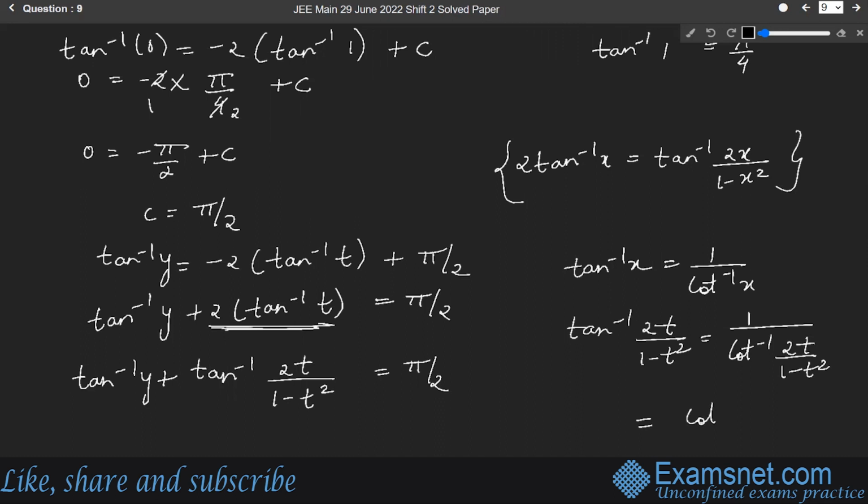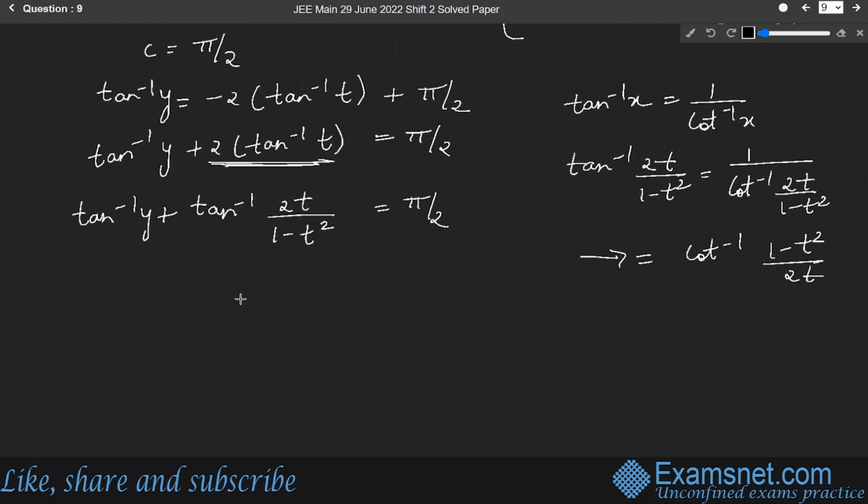It can be written as cot inverse 1 minus t square upon 2t, right? So this is the value in terms of cot inverse. We know that tan inverse is the reciprocal of cot inverse, right? So this will be tan inverse y plus cot inverse 1 minus t square upon 2t is equal to pi by 2, right?